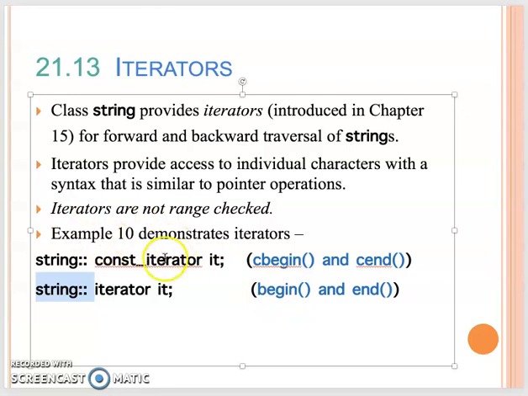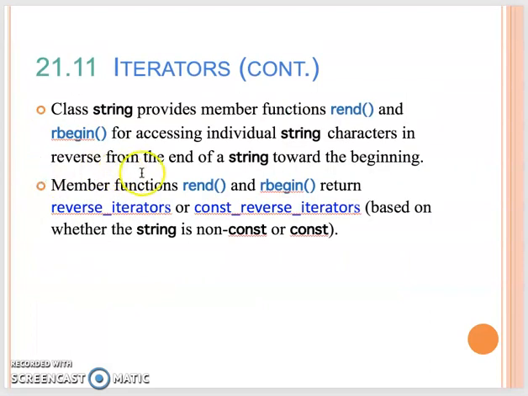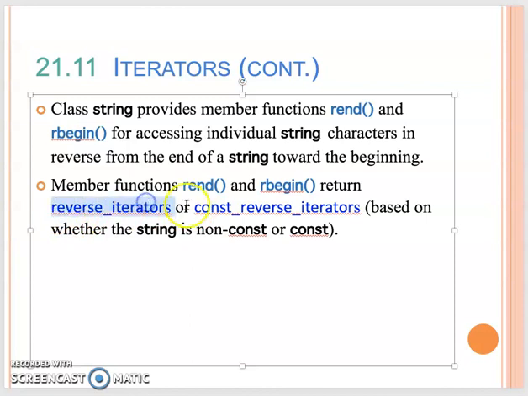Besides the constant iterator and the iterator, we also have the reverse iterator and the constant reverse iterator. For each one, you can use rend or rbegin or crend or crbegin.